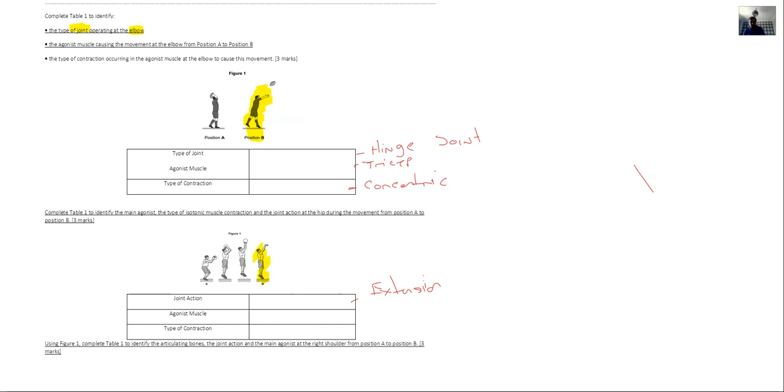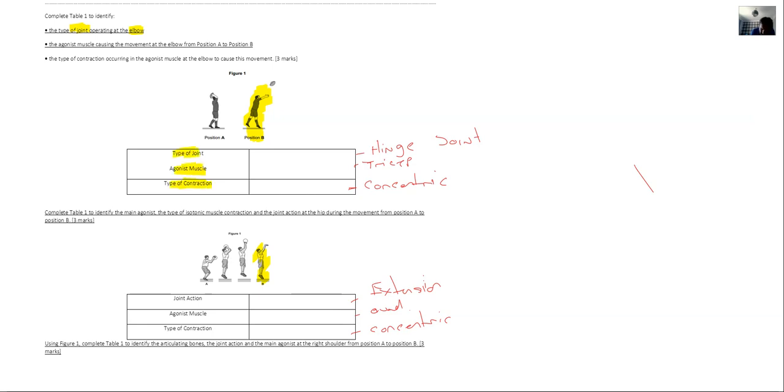All right, and that'll be the hamstring. So when we're extending at the hip, okay, that is going to be your quadriceps that are working. Okay, and again, because it's going up, it's not working as a brake. All right, type of contraction is going to be a concentric contraction again. Okay, be really, really careful with these types of questions that you just keep an eye on what it's asking you.